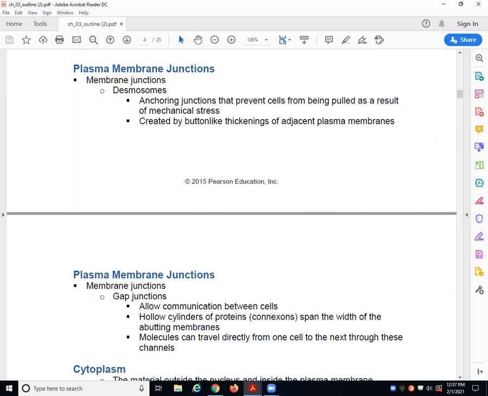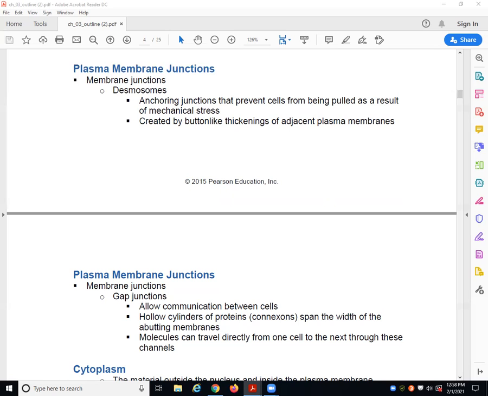The third type of junction is the gap junction. They're not tight junctions, which means they're not impermeable, right? These are junctions that allow for communication between cells.